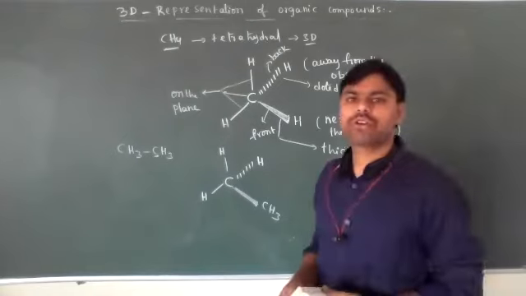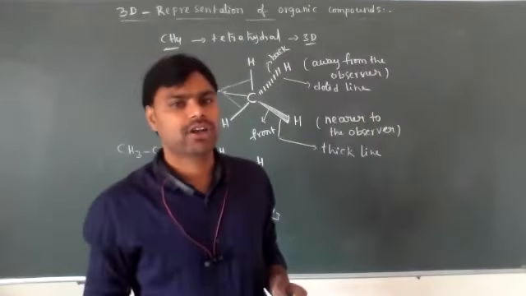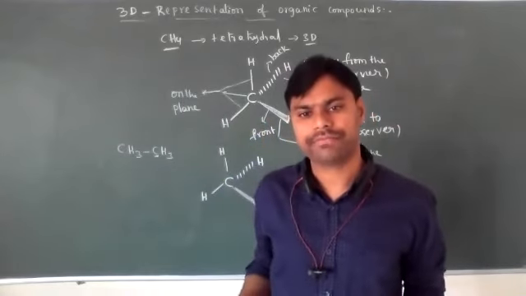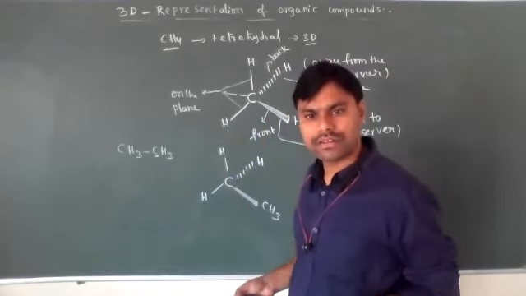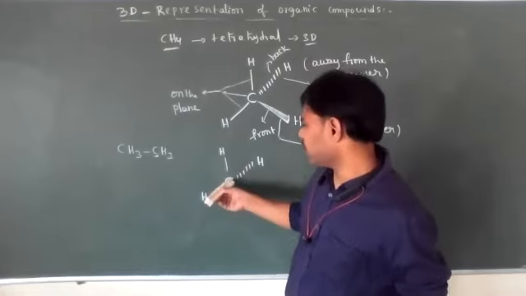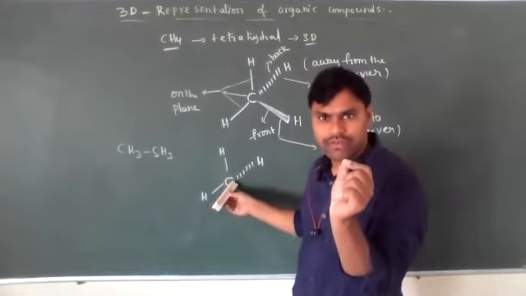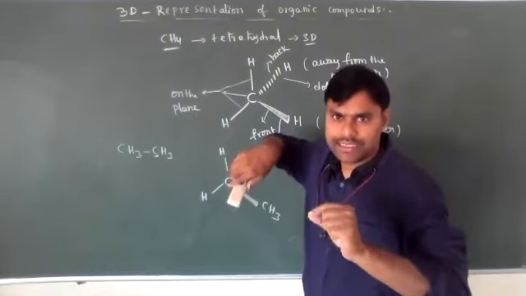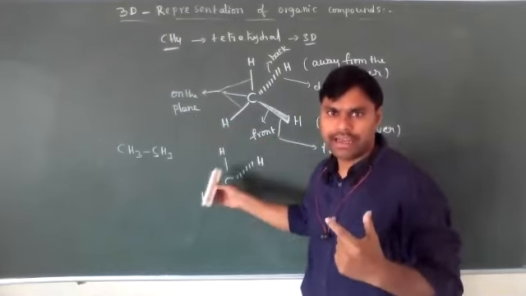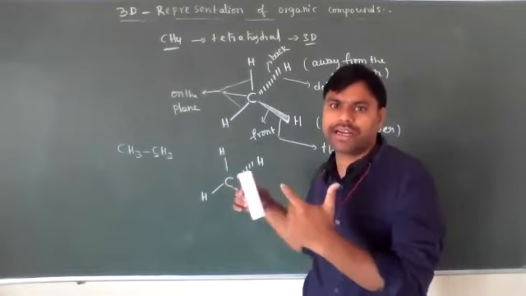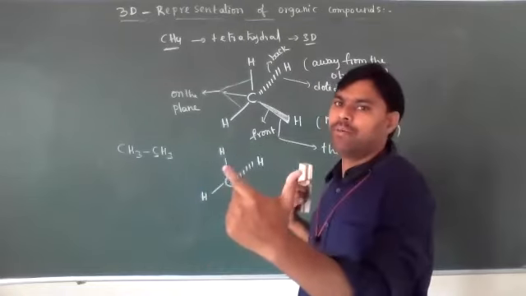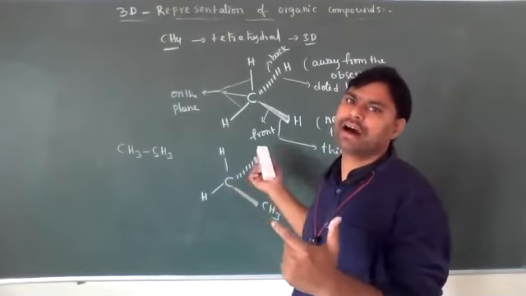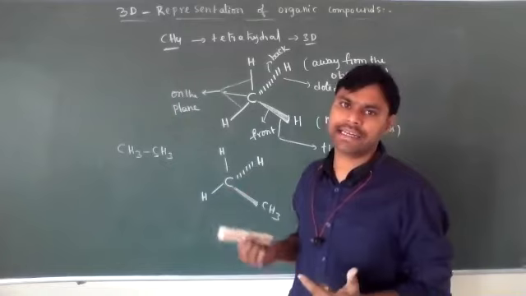Let's see how to calculate the hybridization of carbon atoms. From one carbon atom we have to choose, and for that carbon atom, see how the remaining four groups are arranged. Two groups are on the plane, and of the remaining two groups, one is below the plane and one above the plane. Below the plane means back side, above the plane means front.